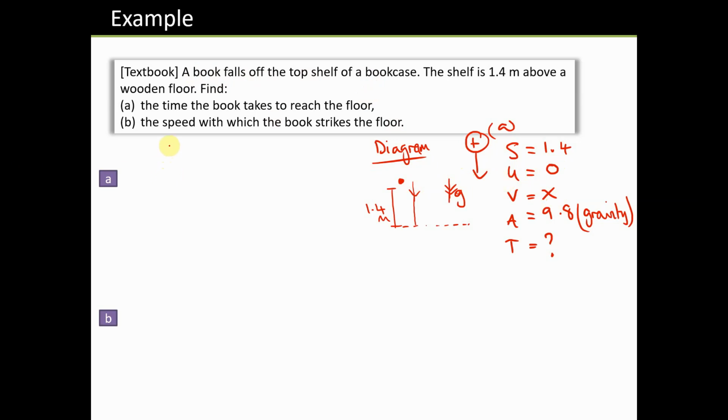So thinking to our SUVAT equations, we've got all 5 of them now. You have these in front of you for the exam, so you should have them in front of you now and get to learn them. But for this, we're going to be using s equals ut plus half at squared. This is the one that doesn't include v.